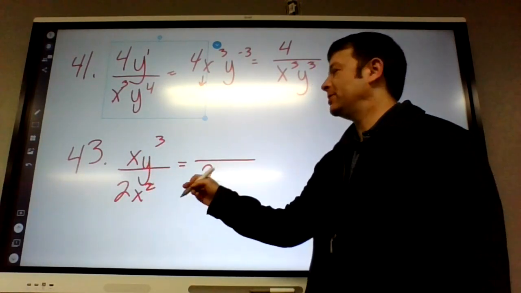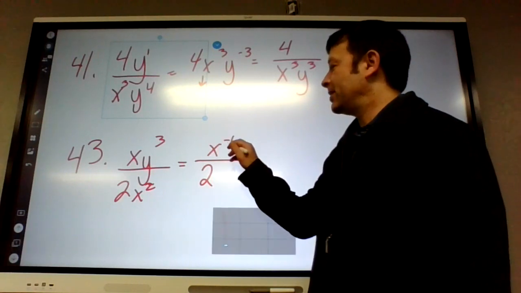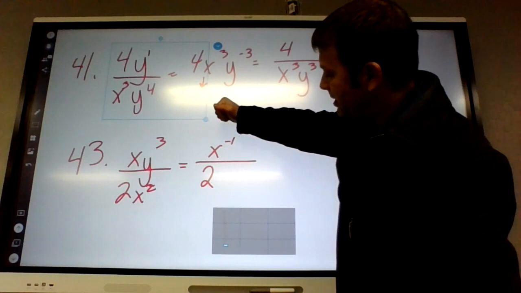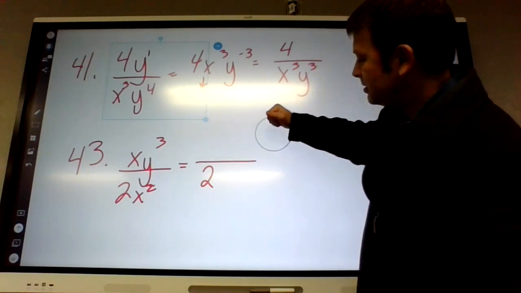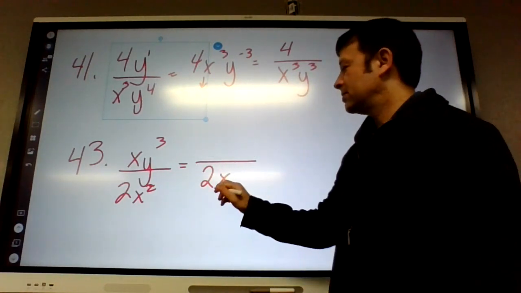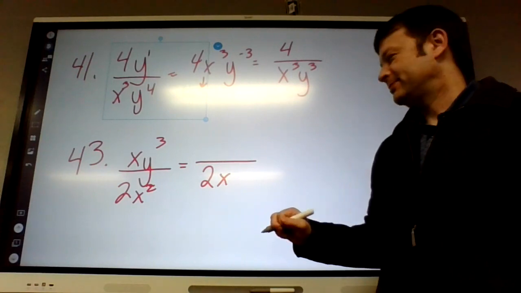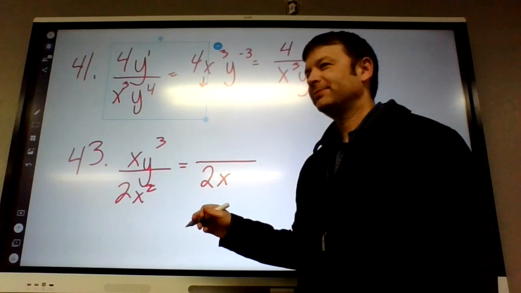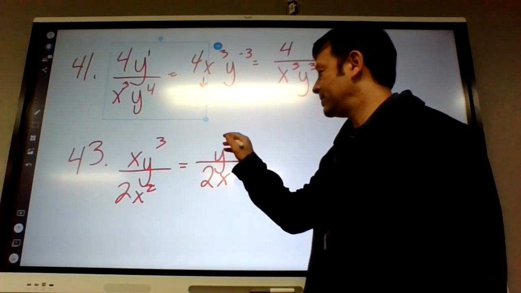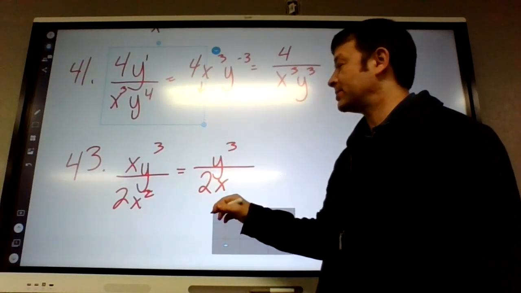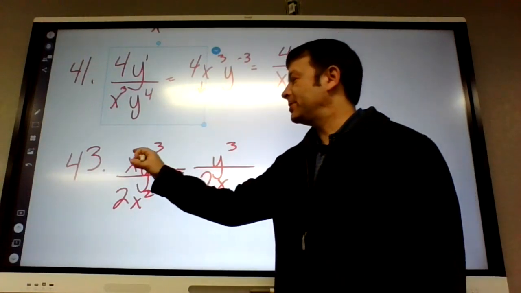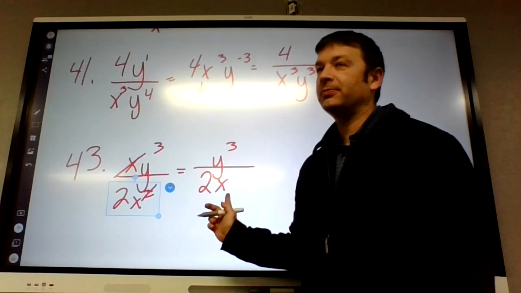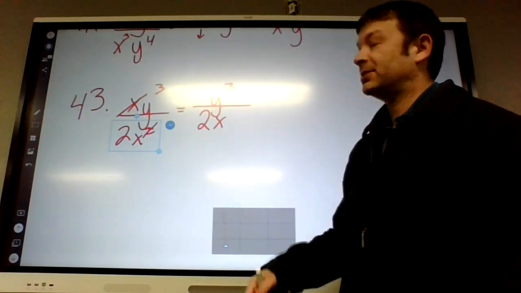So instead of putting x to -1, what am I gonna do? Put x on the bottom. Okay, and then what about the y's? It's just y3 still. We didn't really do anything except for the x's, right? So basically, one of the x's cancels out with one of these, and then x is on the bottom. That's basically all that happened, yeah.